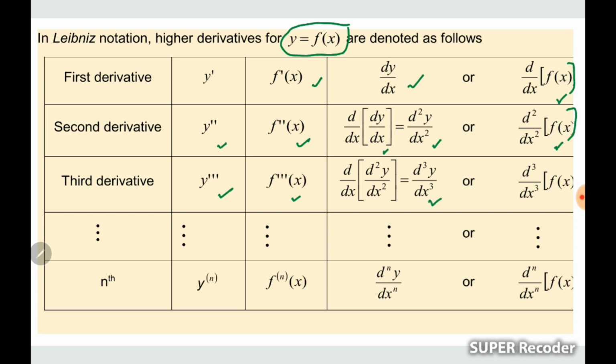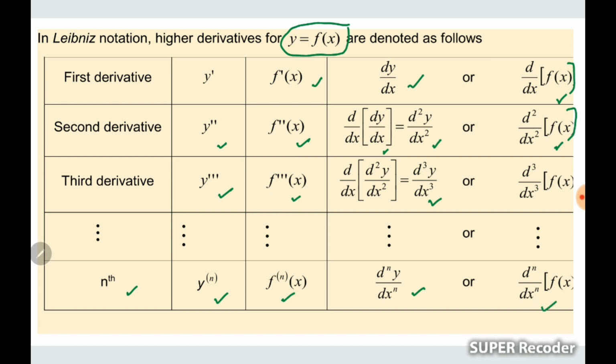Okay, and so on. So if you want to find the nth derivative, we just write y to the power of n, or f n of x, or d n y dx n, or d n f dx n.